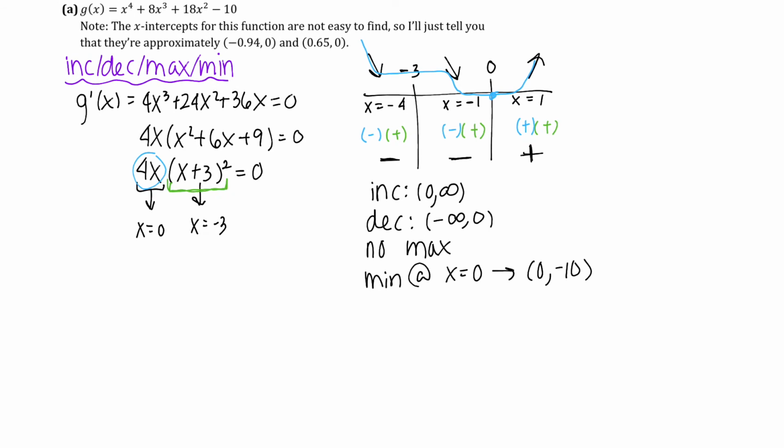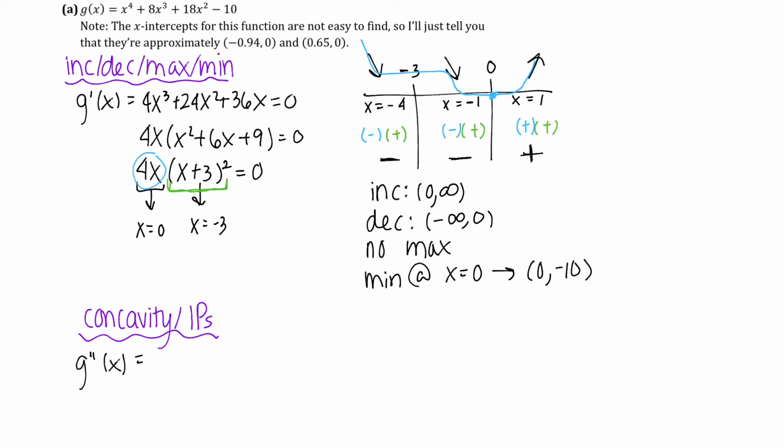For the next part, we're looking at concavity and inflection points. Once again, for this, it's better to go back to your unfactored original derivative than to try to use this one, just because this becomes a little messier.